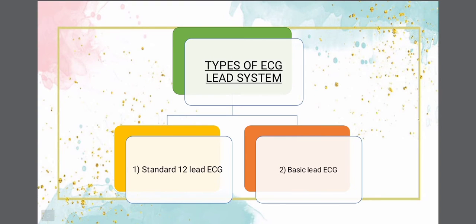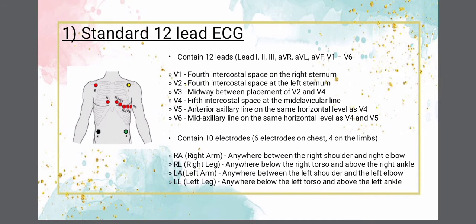There are two types of ECG lead system. First, standard 12-lead ECG, and second is basic lead ECG. So, what is the difference between these two types of ECG? The standard ECG contains 10 electrodes, 6 electrodes on the chest and 4 on the limbs.